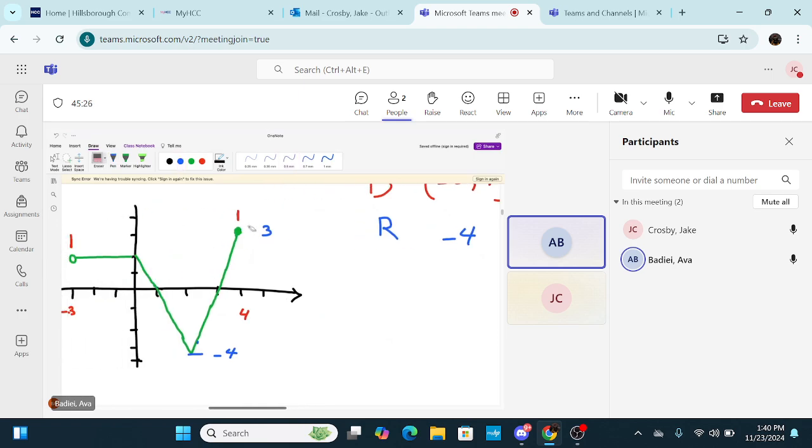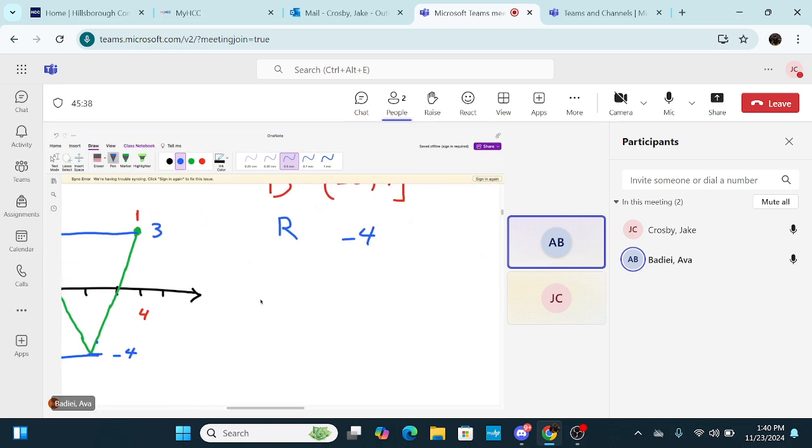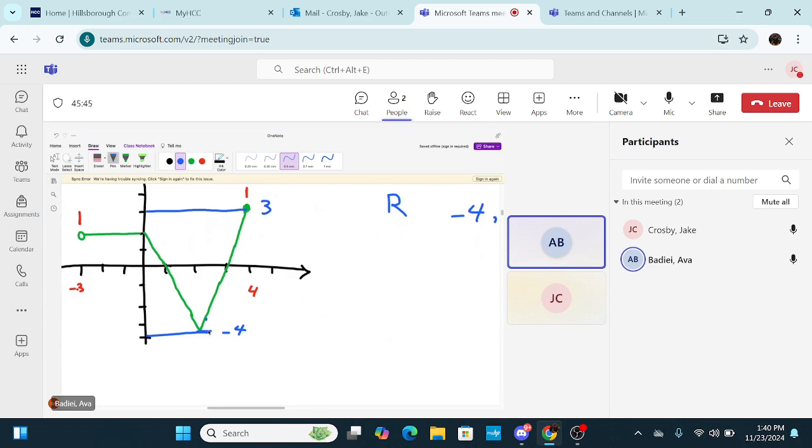I'm just trying to show it. This point and this point, so -4 and 3. Again, deciding on parentheses or brackets, we say, well, this point is on the graph. Should I put parentheses or brackets?